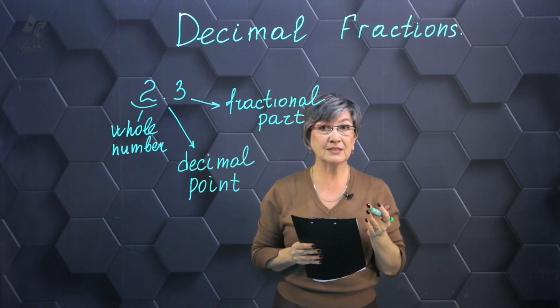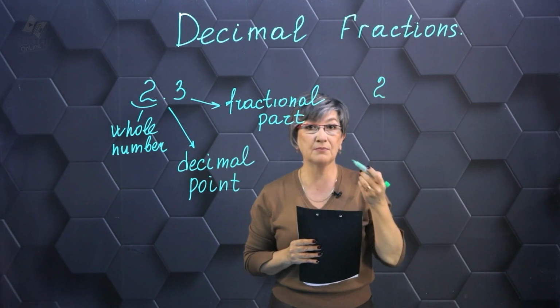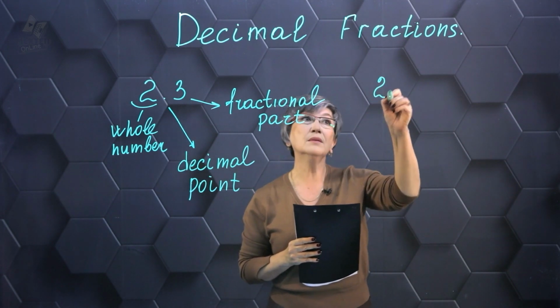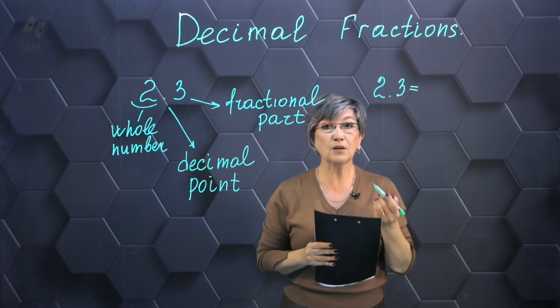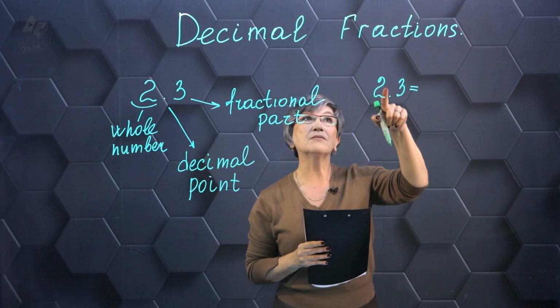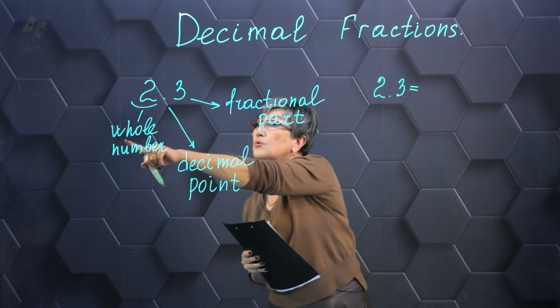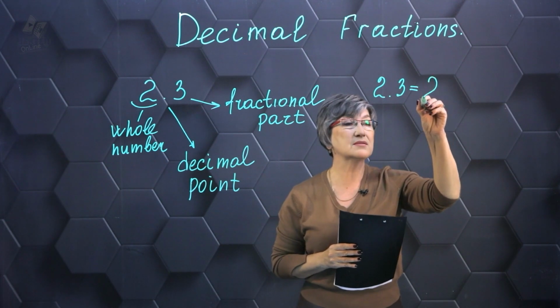But what does this decimal notation mean? If I need to understand what this number means, I can write it down as a fractional number. So how do I write it down? The first number is the integer part, so I write down 2 integers.